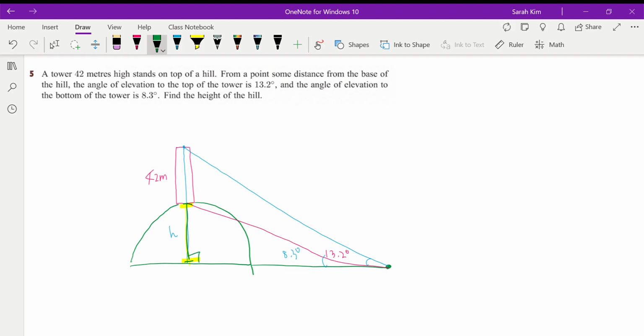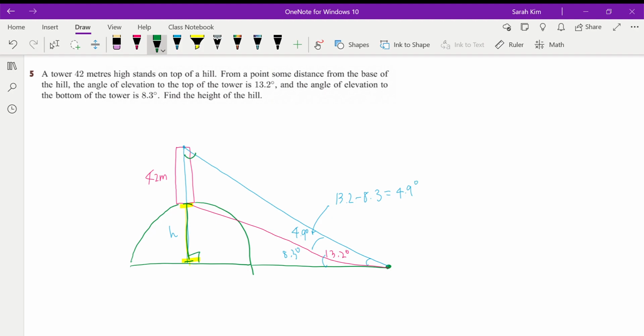Well, first of all, I can figure out this angle here because this whole thing is 13.2 degrees, and then that one's 8.3. So I should be able to do 13.2 take away 8.3 degrees, and find my answer for that angle, which is 4.9 degrees. Another thing I can find is this angle.